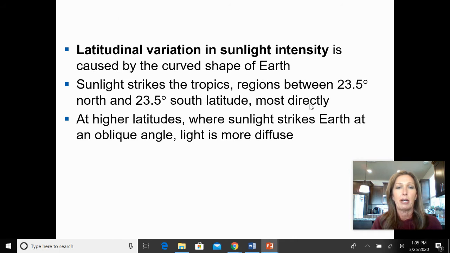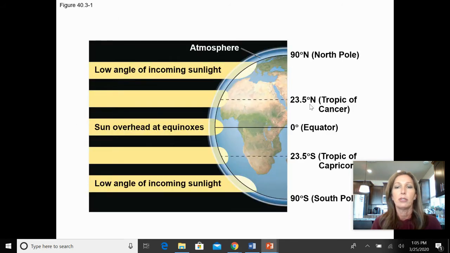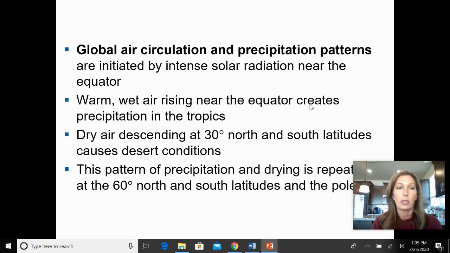Now, when we do talk about our global climate patterns, a few things to recognize is just that angle of the sun. That angle of the sun, how it actually hits the earth, is going to change how much heat is distributed. And so, with that, that's going to give a lot of differences in air circulation and precipitation patterns. So, remember that high heat is going to move towards lower heat, and that's basic thermodynamics.